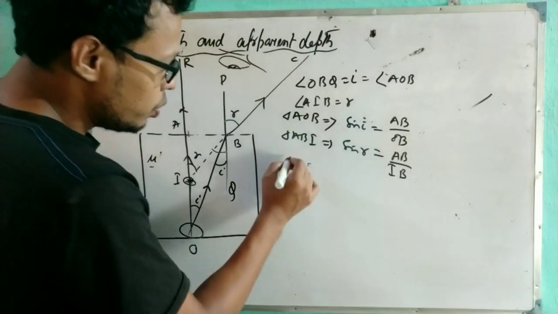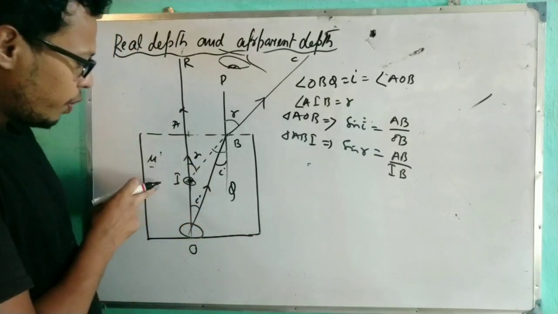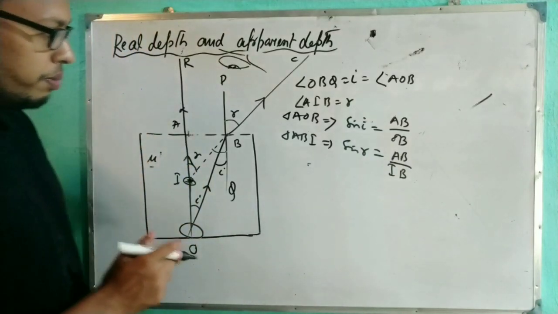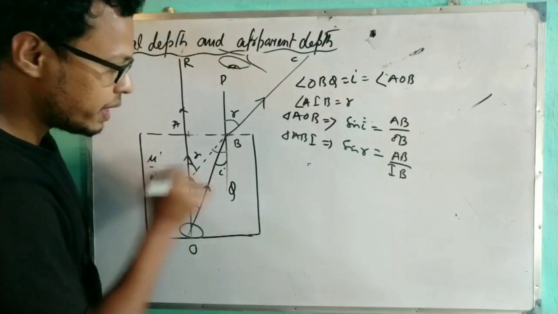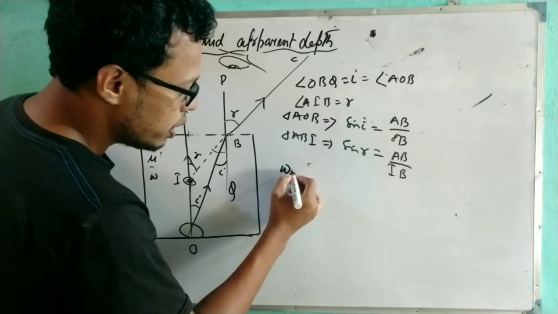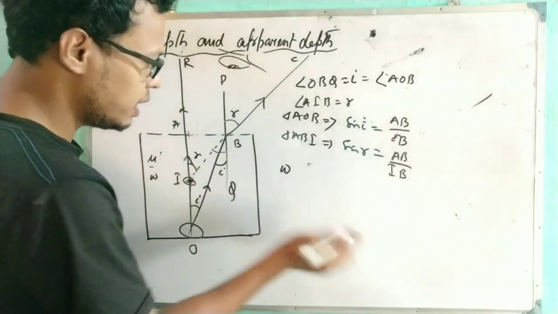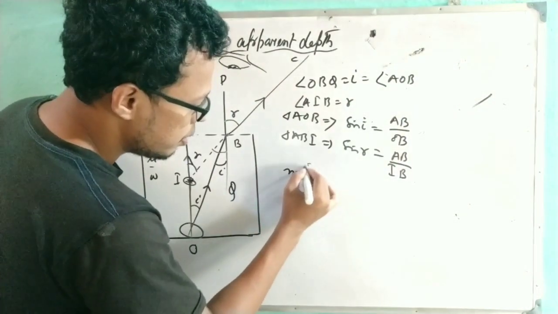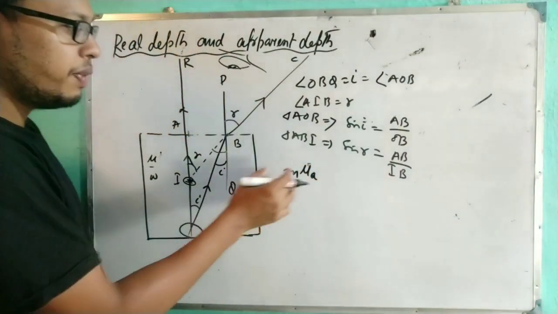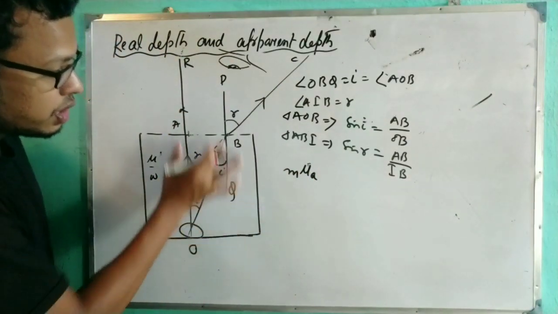Now do sine I by sine R. See one thing, it is going from denser to rarer medium, that is, medium to air. That's why I am writing, suppose water I have taken, so here W. Instead of W you can write M also, because any medium. Medium mu A means the refractive index of air with respect to medium, because the ray is going from denser to rarer medium.